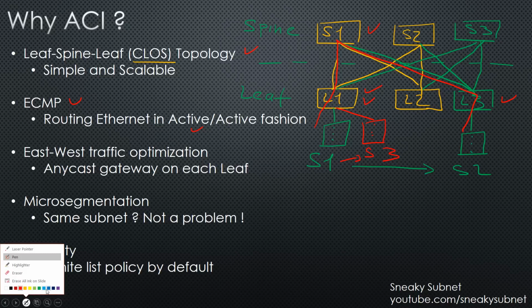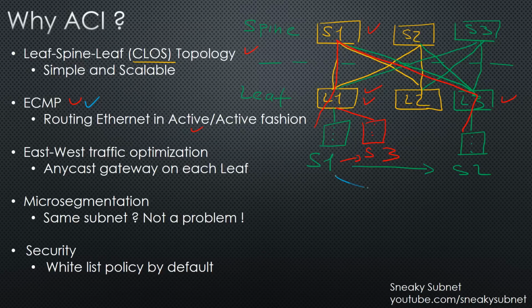Actually, since ACI is capable of doing ECMP, when server 1 talks to server 2, it can go that way, leaf 1, spine 1, leaf 3. It can go leaf 1, spine 2, leaf 3, and it can go leaf 1, spine 3, leaf 3. So it's truly active-active ECMP.